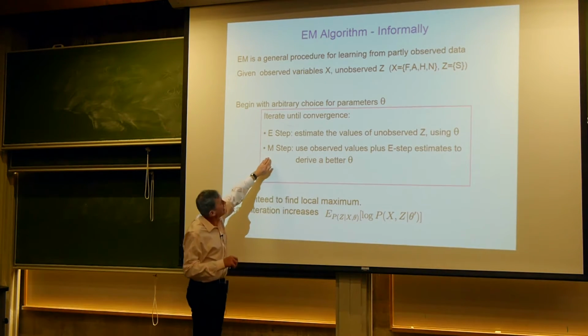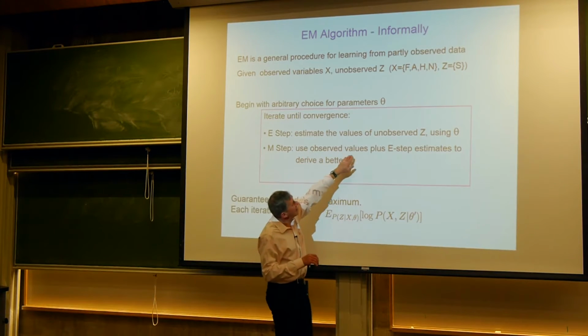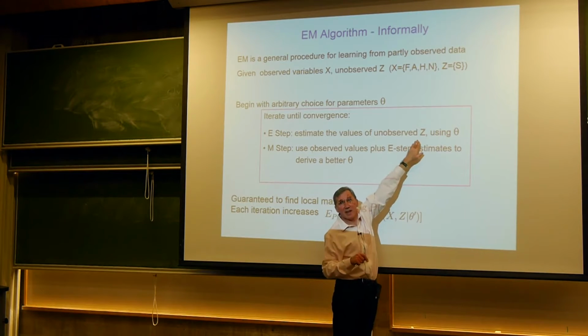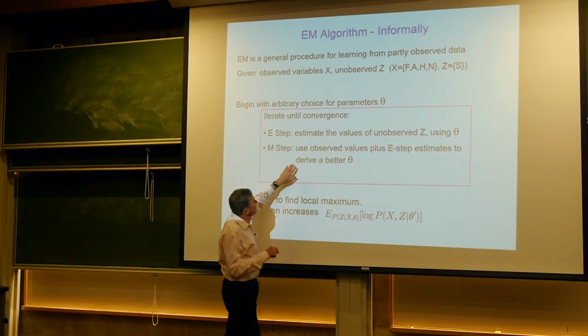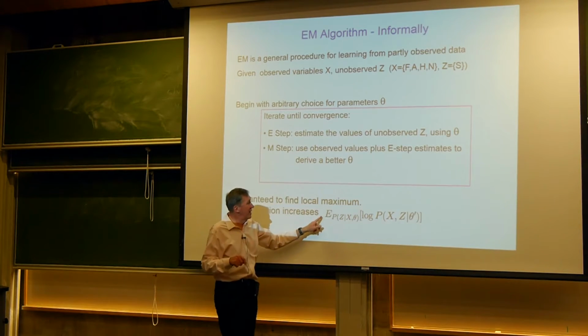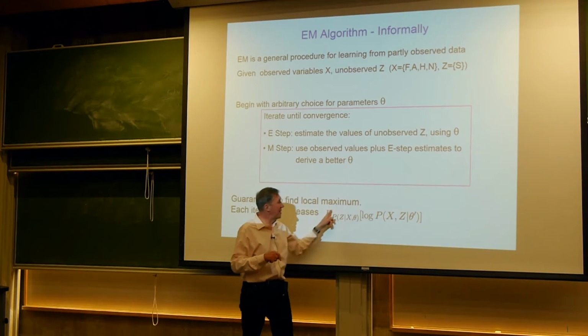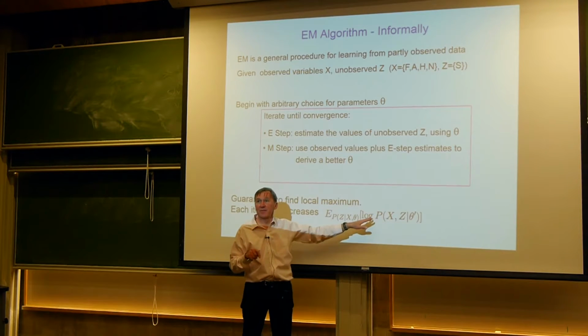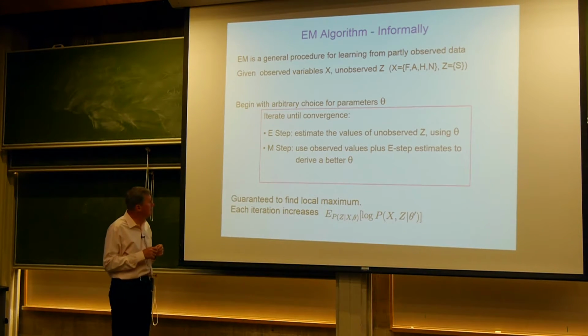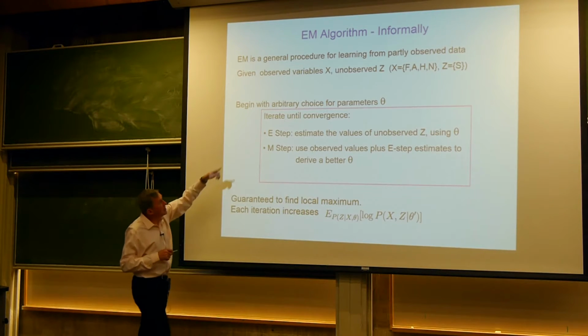Then on the M step, we use the observed values plus those estimates that we got for the unobserved data to derive a better theta. And in fact, we solve for the theta that maximizes this quantity. We just iterate this.